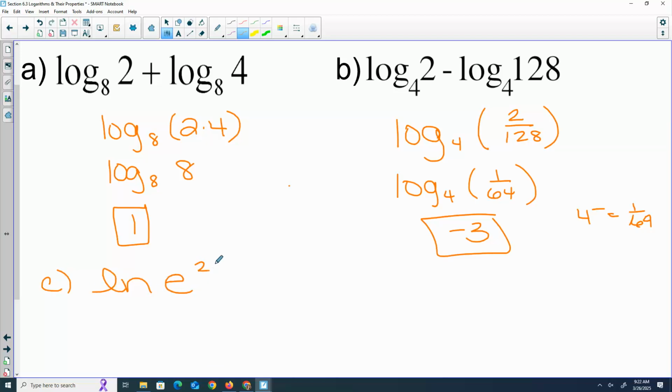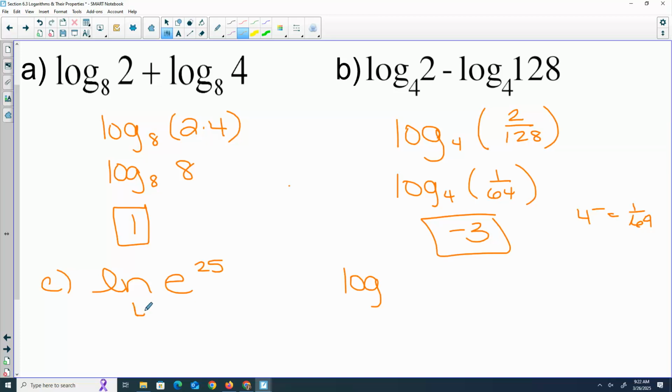What if I gave you this question? Ln is natural log. Do you guys remember, I think you talked about in algebra 2, what is the base of a natural log? A log without anything, that's base 10.